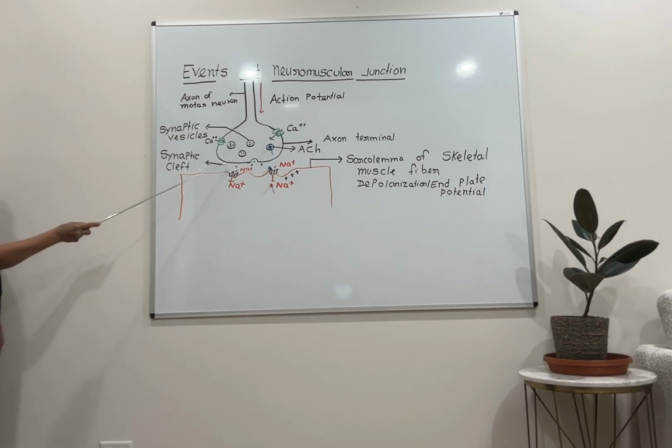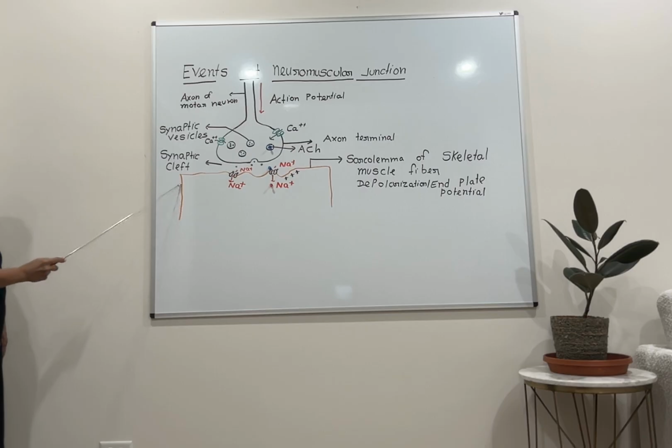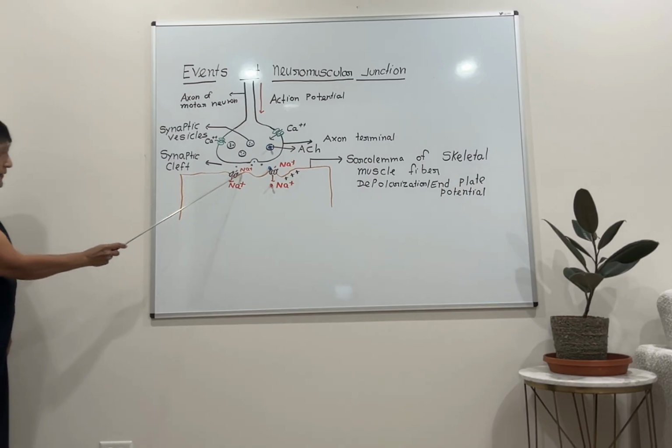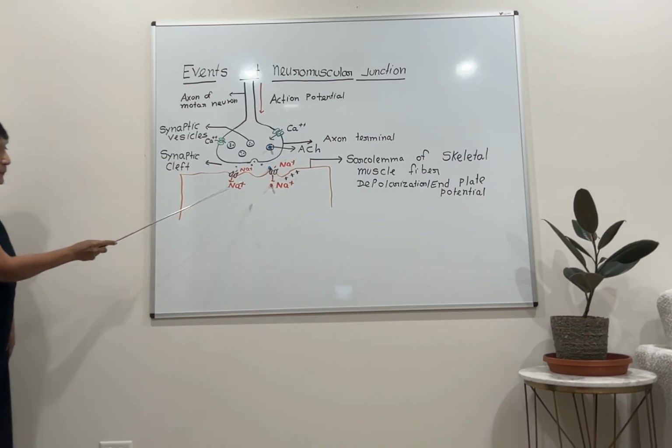This tiny space between the axon terminal and the sarcolemma of the muscle fiber is known as the synaptic cleft. And now this is the muscle fiber, and here the sarcolemma of the muscle fiber has foldings.